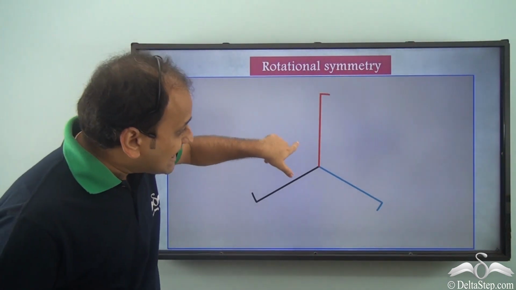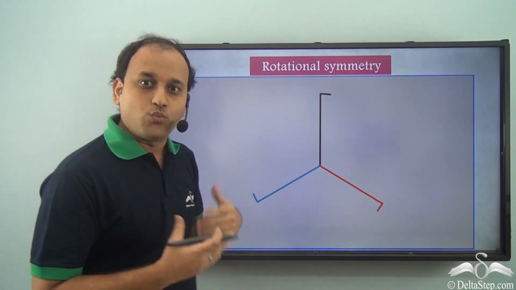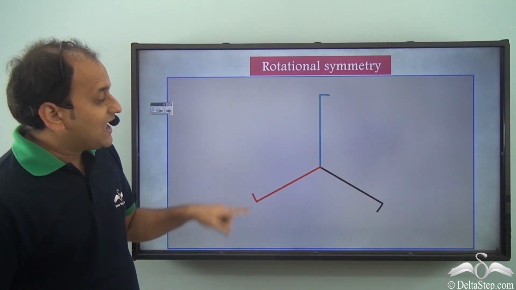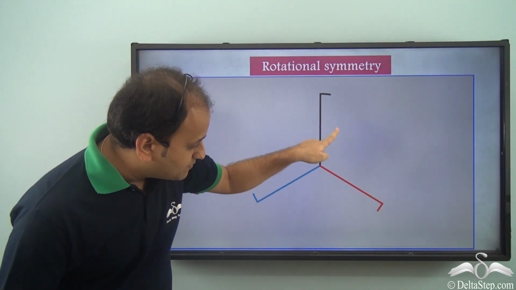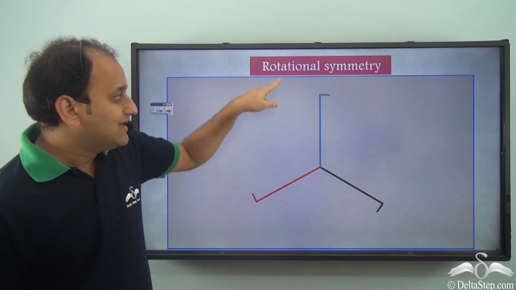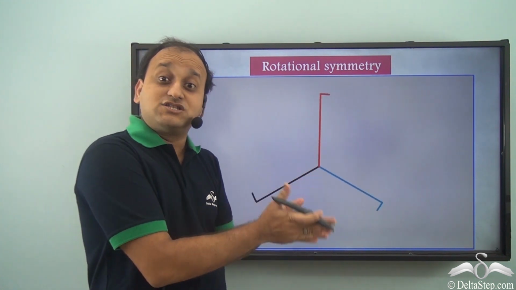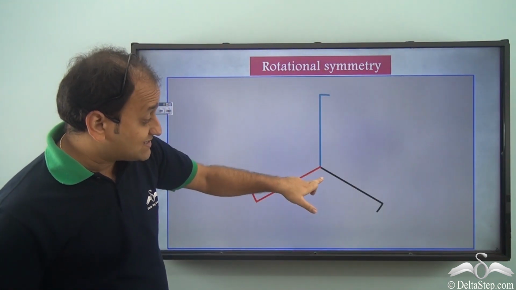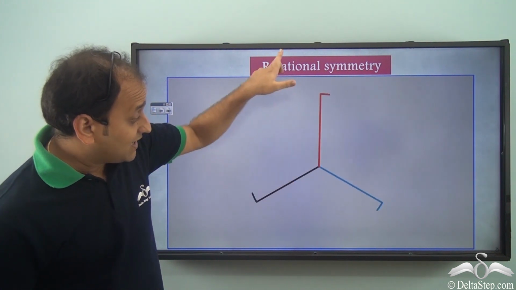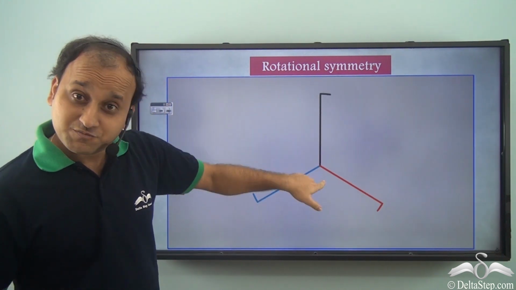What if I rotate this particular object? What happens then? Well, as you can see, every time we rotate this particular object at a particular angle, it looks exactly like its previous position.